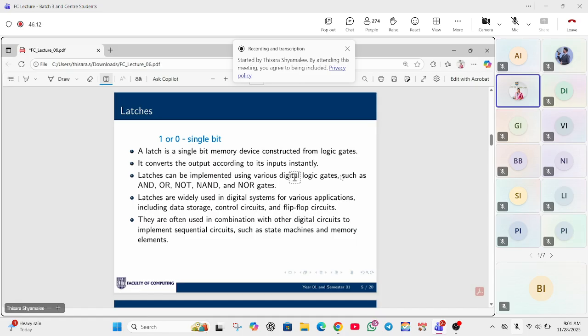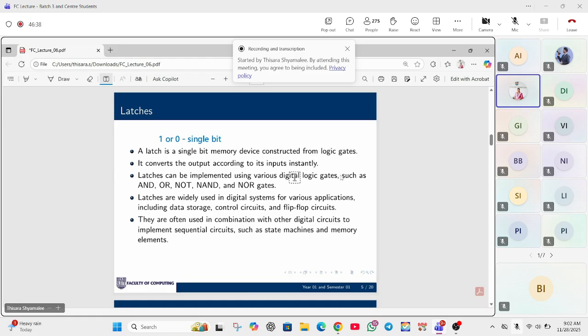Combinational circuits don't have any memory, but sequential logic circuits do. A combinational circuit converts the output according to its inputs instantly, so outputs depend on the inputs.